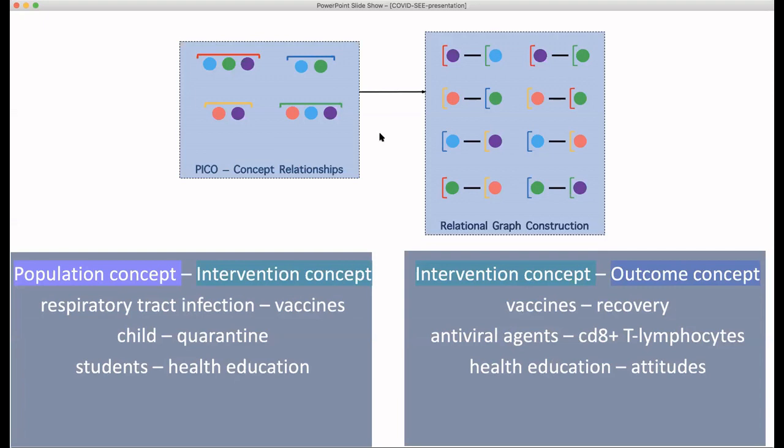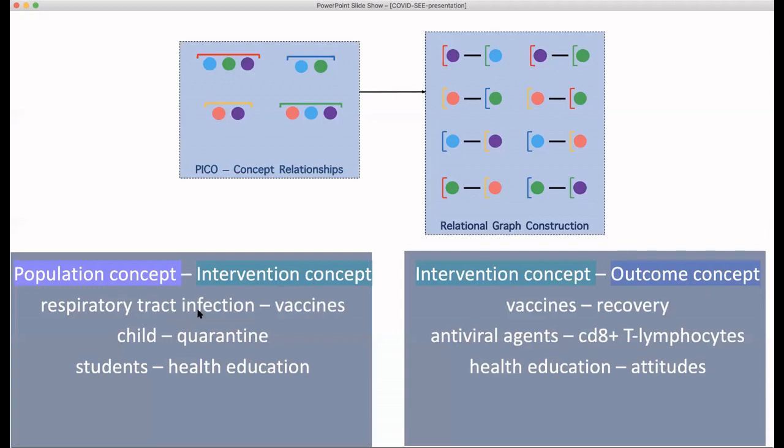So we transformed this kind of span-based view of the articles into a more relational view. And so this looks like essentially finding those pairwise associations between some concept that's within the span of a population phrase, some concept that's in the span of an intervention phrase, and similarly looking at the connections, or in fact it's just co-occurrences at the moment, between intervention concepts and outcome concepts. And here are some examples.